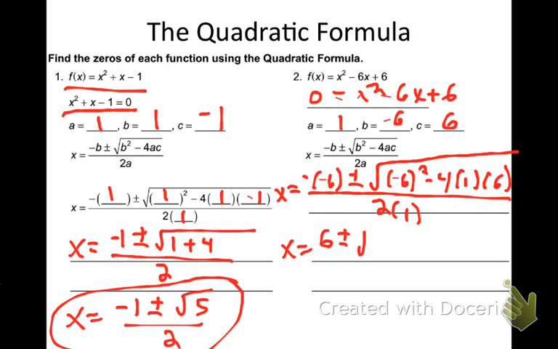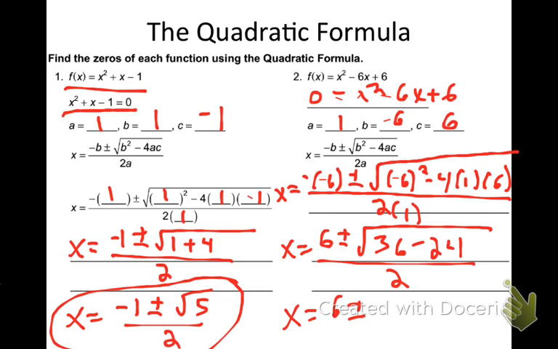Plus or minus the square root of -6 squared is 36. -4 times 1 times 6 is -24. All over 2. So I simplify here. Simplify that radical. 36 minus 24 is actually 12. So I get 6 plus or minus the square root of 12 all over 2.